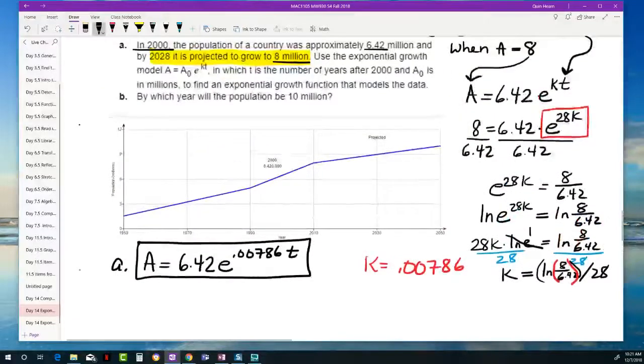Now let's do part B. So for part B, in which year will the population be 10 million? So here, what are they giving us? They're giving us the value of A, the accumulated value, 10 million. So we want to know, when does 10 equal 6.42 e to the 0.00786 t?